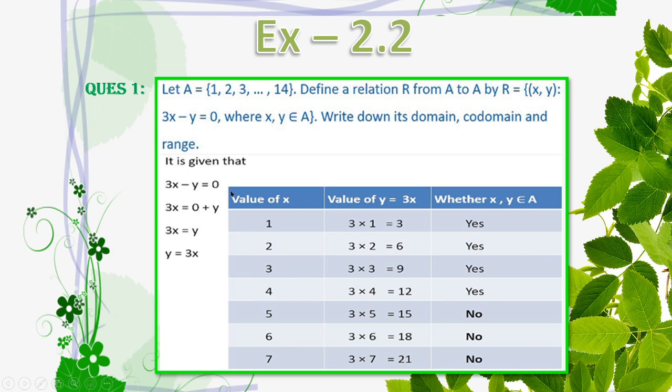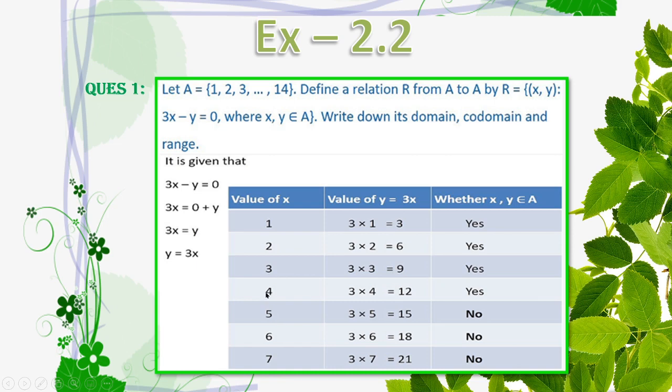Now 3x minus y equal to 0, so we can say y equal to 3x. One by one, let's start putting the values of x starting from 1 and let's calculate the values of y. So if x is 1, y is 3. 1 and 3 both belongs to set A. X is 2, so y is 6. Here also both belongs to set A. Same way we'll make a table checking all the elements.